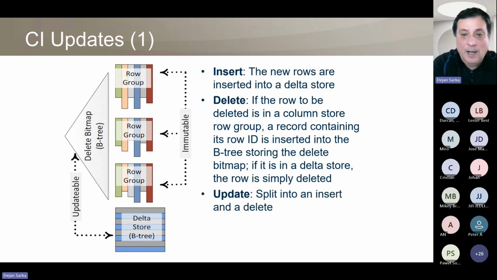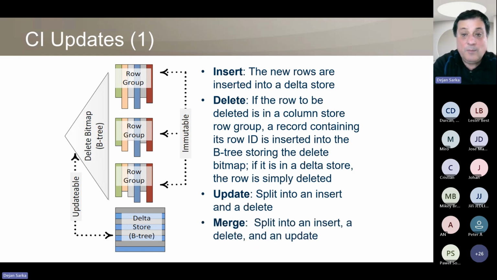Update is split into insert and delete, and then the same process happens. And merge is split into an insert, a delete, and an update, and then update is split more into insert and delete. You can imagine that you get less efficient compression and less efficient queries over time if you have more and more rows in the data store.